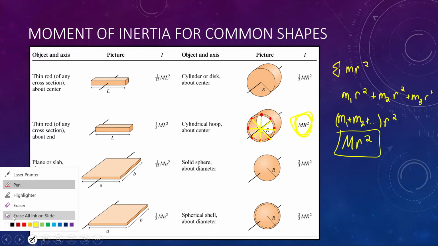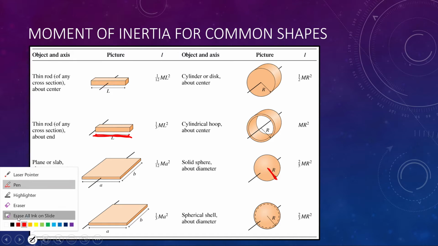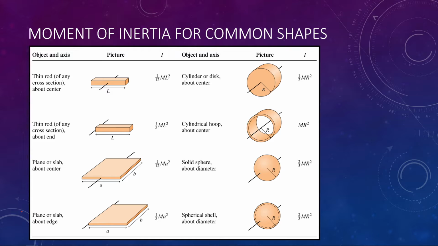I just quickly showed you one of them for the sake of showing you where they can come from. But that gives you at least a rough idea. So reference this all the time if you need to. And be careful, dimensions are shown on the picture. Sometimes here it's using the radius of the sphere. Here you're looking at using the entire length of the rod. So just be careful. It does reference the dimensions in the picture so that it helps you.